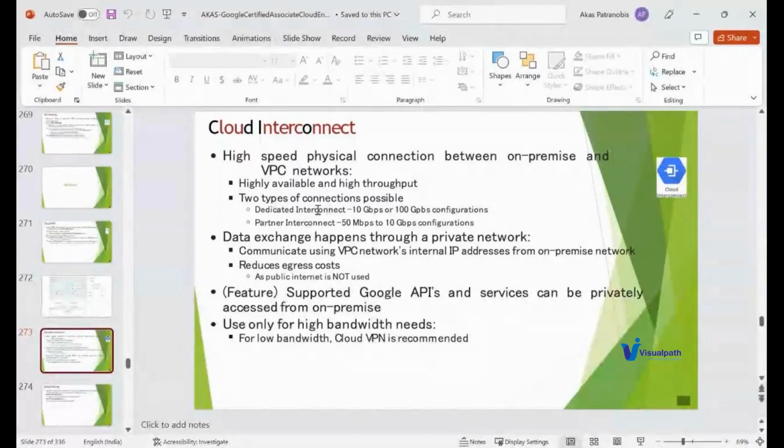So these are a bit more costly, but you get very high throughput and very high configurations, because the range of communication it gives you is 10 Gbps to 100 Gbps. These are mostly used by banks, I would say, because their data has to be much more secured. The other part is partner interconnect, which has a 50 Mbps to 10 Gbps configuration, where multiple other clients can rent out from it.